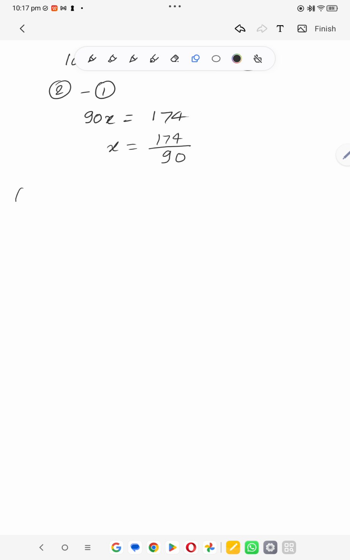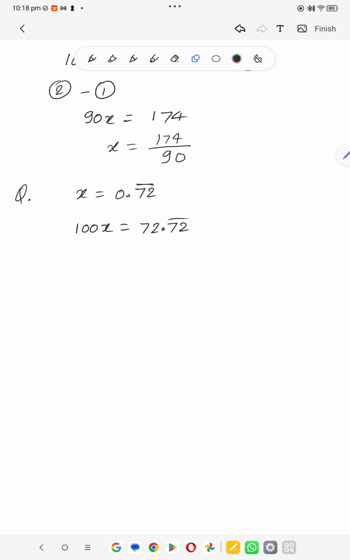Now coming to the next question, if x is 0.72 with the bar on both 7 and 2, then how to calculate it? Then we will multiply it by 100 and we will have 100x equals 72.72 recurring.